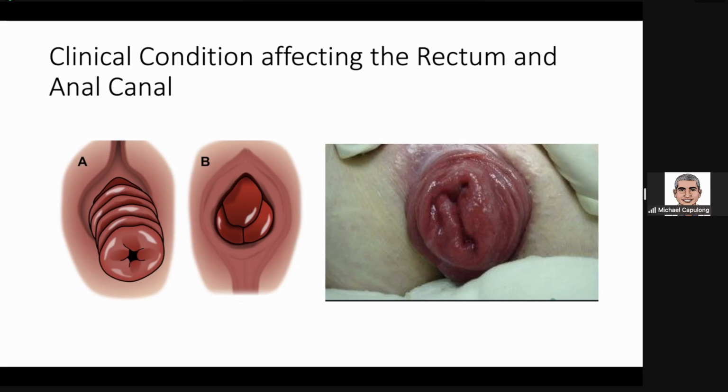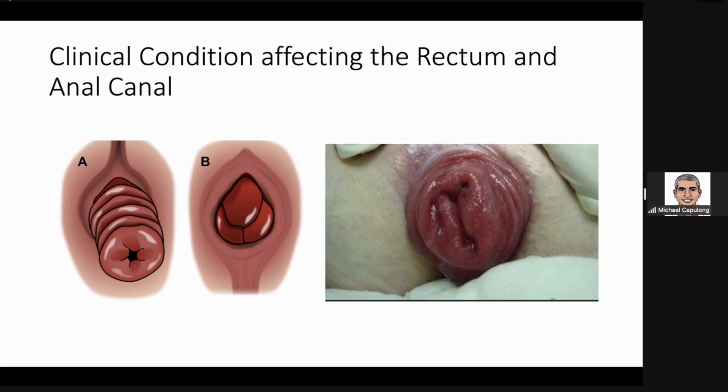In complete rectal prolapse, the one that you see in figure A, the whole thickness of the rectal wall protrudes through the anus. For partial prolapse, figure B, the rectal mucous membrane and the submucous coat protrude for a short distance outside the anus.